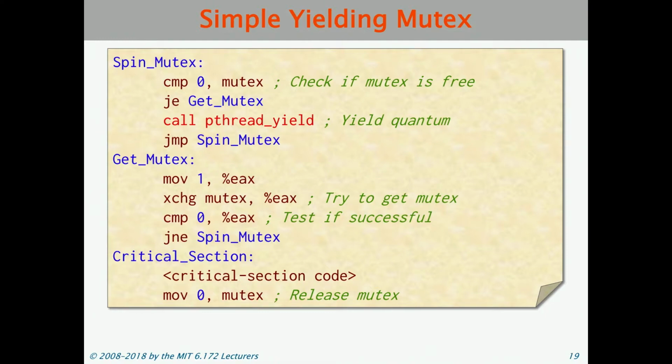But in any case, you take that no-op that they want to have in there, and you replace it with just a call to yield, which allows the operating system to schedule something else, and then when it's your turn again, it resumes from that point. Okay? So that's the difference in implementation, essentially, between a spinning mutex and a yielding mutex. Okay.